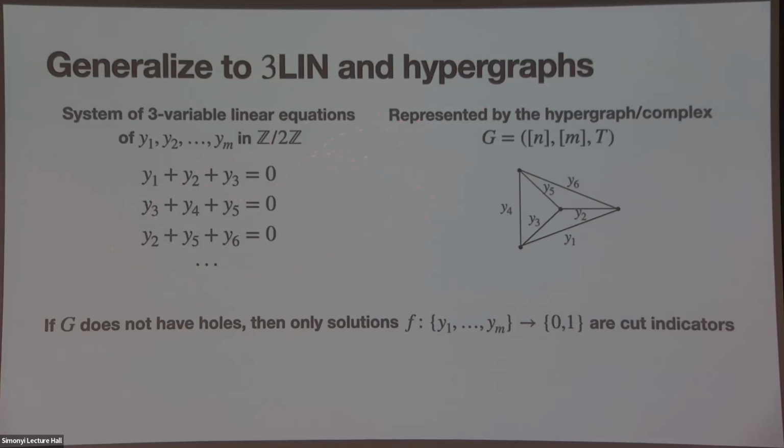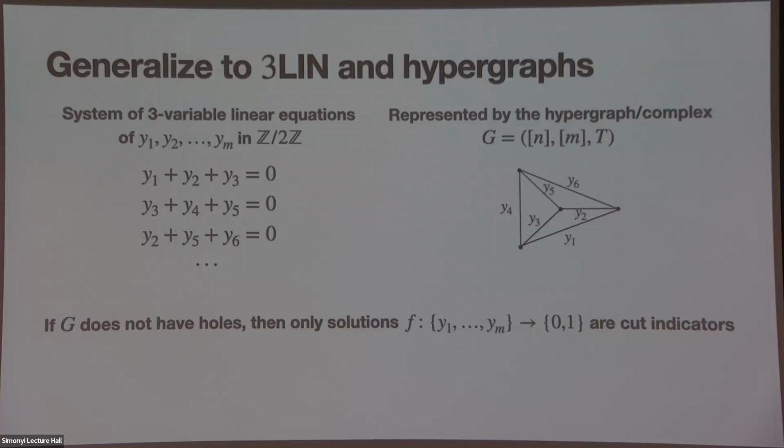This can also be translated into a hypergraph or a complex. But a major difference here is that the variables actually correspond to edges instead of vertices. So variables are edges, and the constraints correspond to triangles, or two-faces.